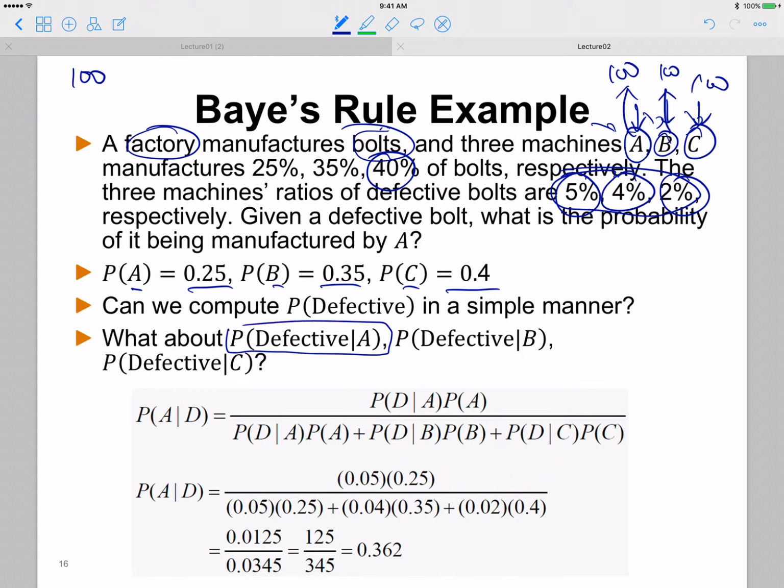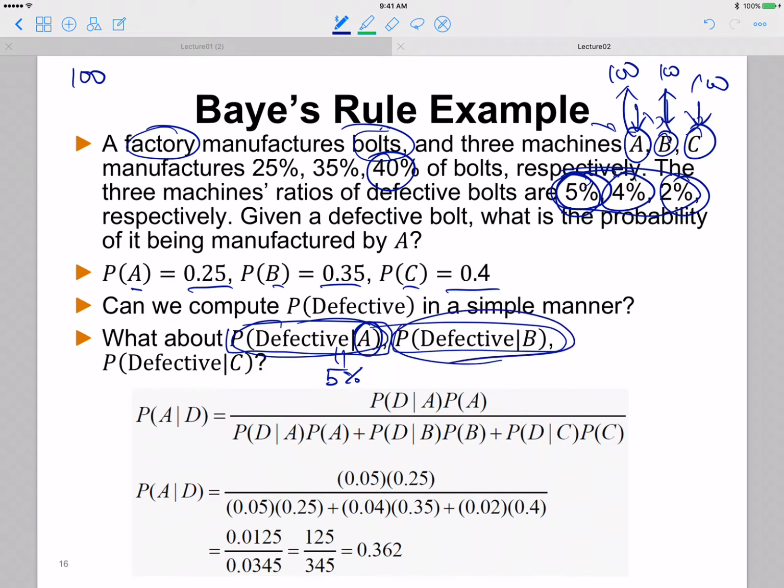Okay, now let's think about this probability. Assuming that a bolt was manufactured by machine A, what is the probability of seeing a defective bolt? And this probability will be what? 5%, because in this sentence we can get this kind of information, right?